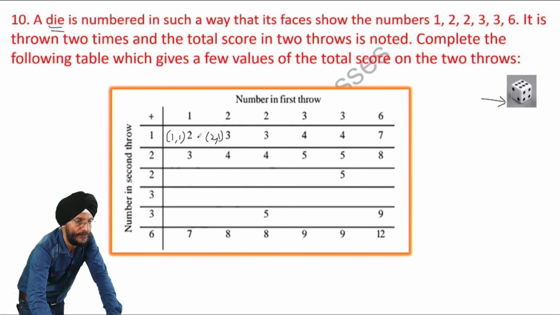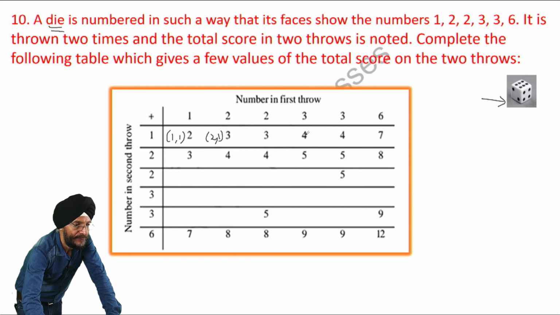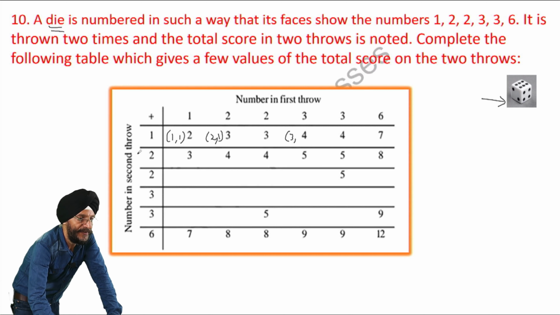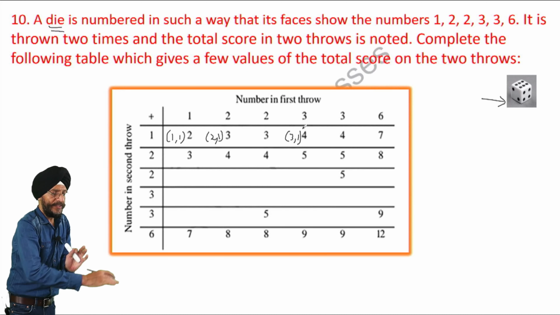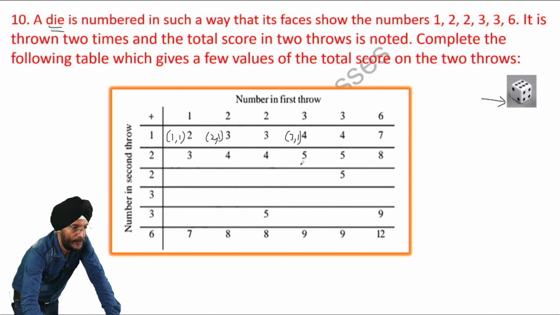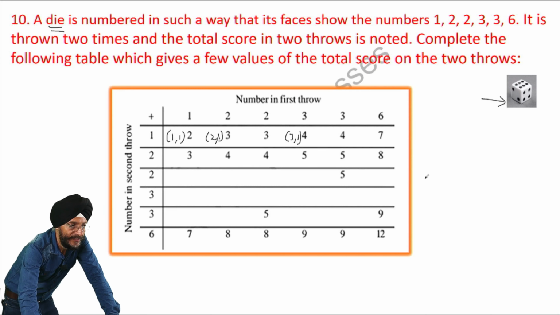So here the total of these two. In the same way, if the die is thrown for the first time, the outcome comes 3, and if it is thrown for the second time, it comes 1, and the total of 2 is given. So in this way, we are to complete the table. Here, these 2 rows are complete. We are to complete the next.